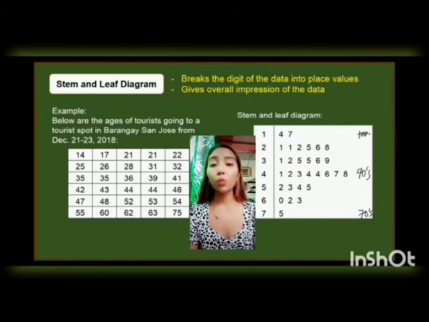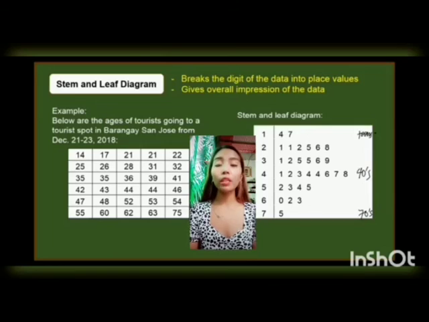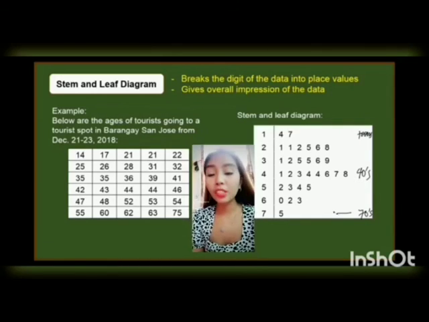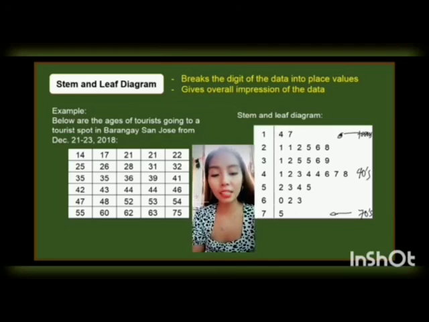This is what we mean when we say we are given an overall impression of the data. We can see where the data lie closely to each other, and the extremes in this case are the 70s and the teens.